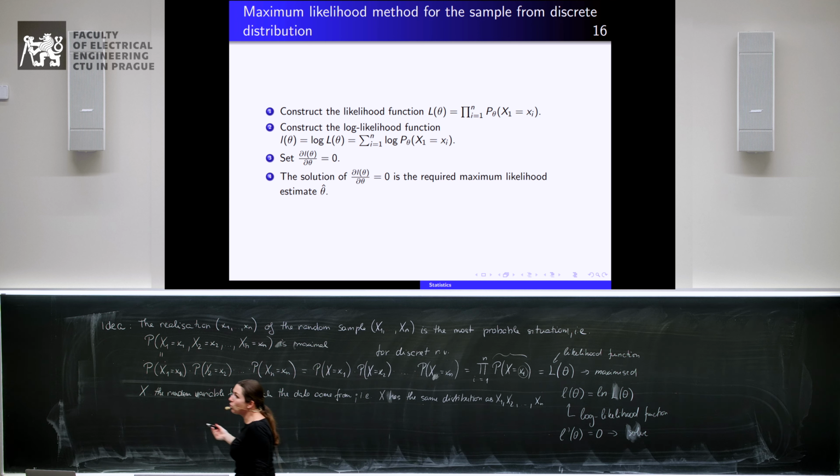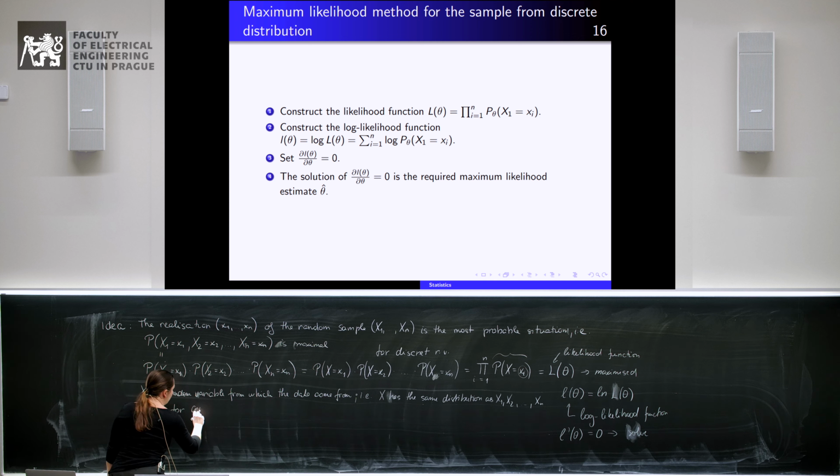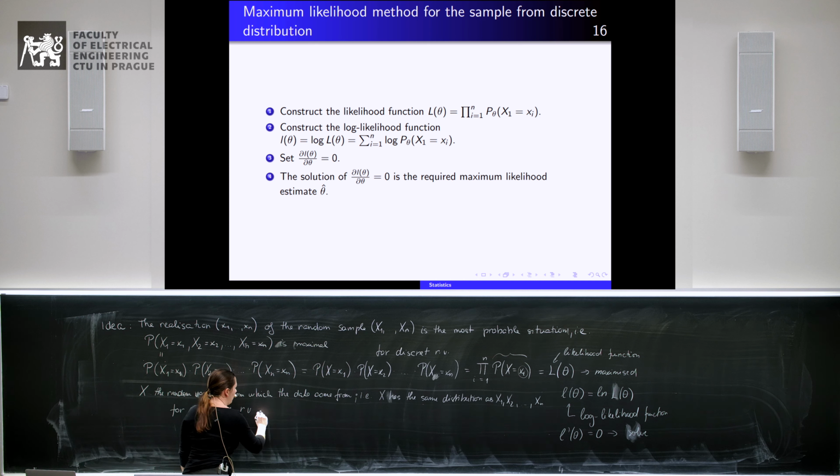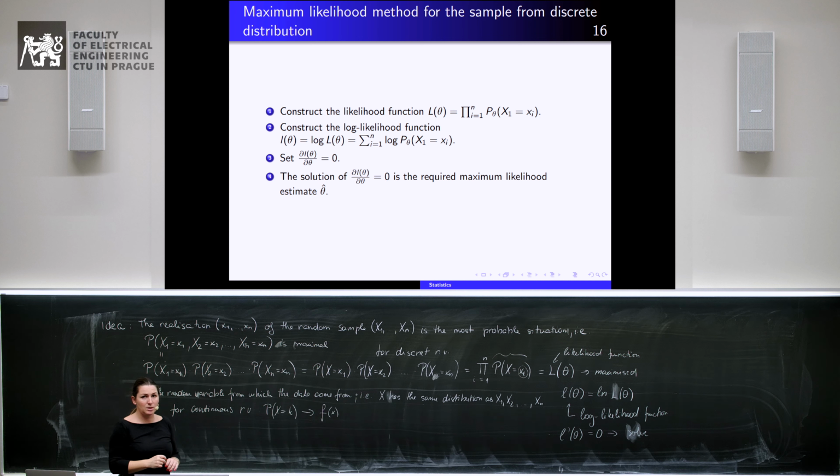But when we have continuous random variables, the probability that x is equal to some value k is replaced by the density, and the approach is the same.